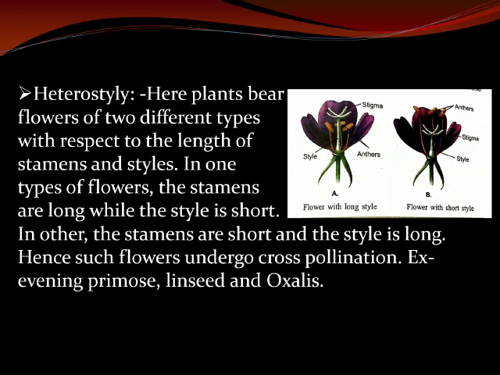Then there is another condition called heterostyly. Here the plants bear flowers of two different types with respect to the length of the stamens and styles. We can see in different flowers, in some flowers the styles are longer, in some flowers the style is shorter. In some flowers the stamens are long and style is short, or style is long and stamens are short.